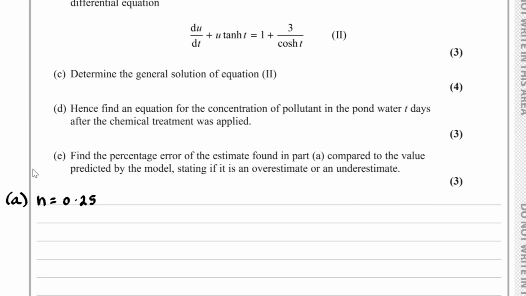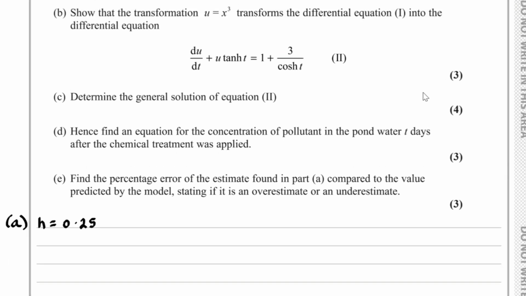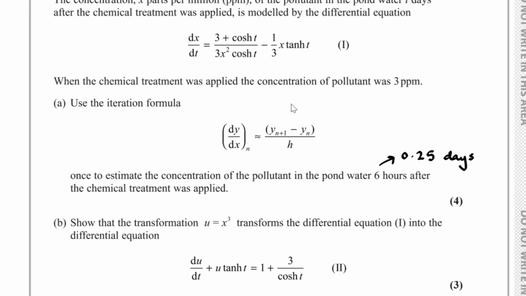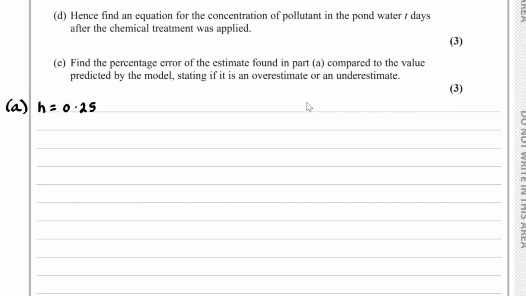We've got one iteration after 6 hours, so that will correspond to a step of 0.25. So, if we were to use our iterative formula, well, we know already t0 equals 0, and we also know x0 is equal to 3. We've got 3 ppm.